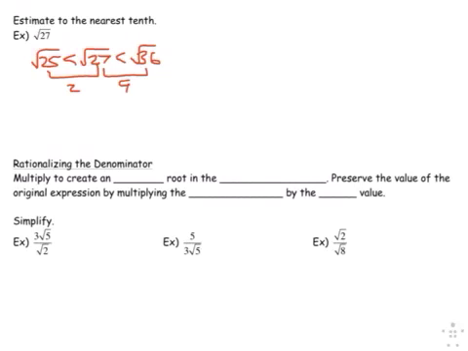So 25 is closer. So I'm going to just kind of give this a shot. I'm going to try 5.2 squared. See how close I get to approximating 27.